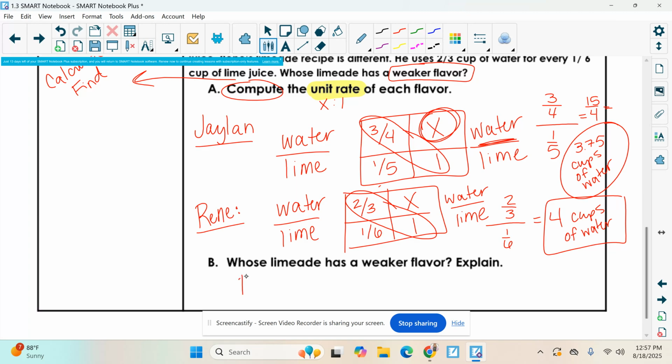So Renee is going to have the weaker. Why is it going to be weaker? Because it has more water. He has more water per lime.